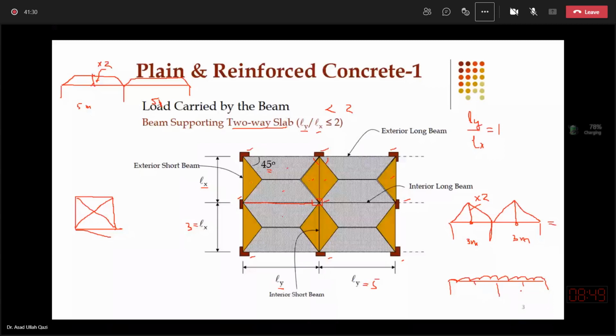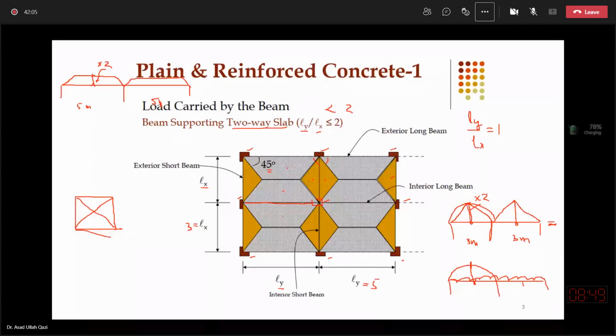What is discussed in the first few slides is how to convert the actual triangular diagram into equivalent UDL, so that the moment ordinate from this picture and from this simplified one remains the same. This is discussed in the next slides.